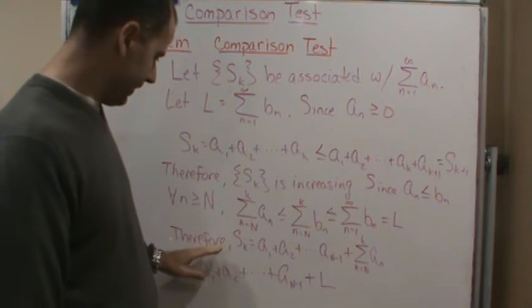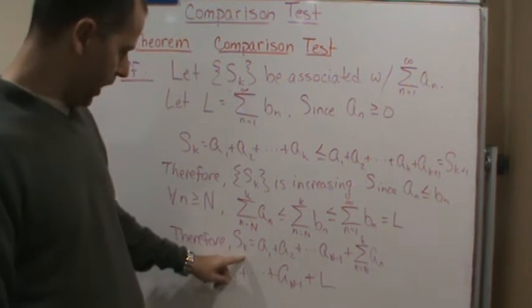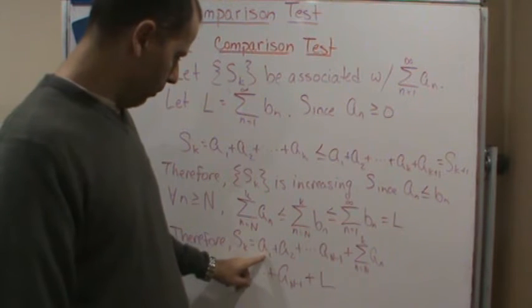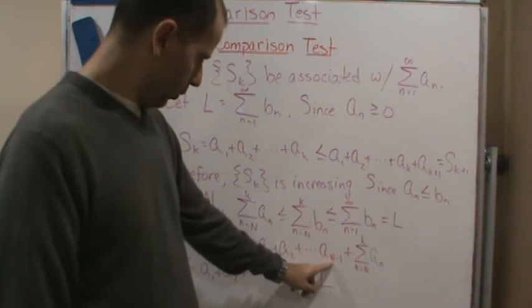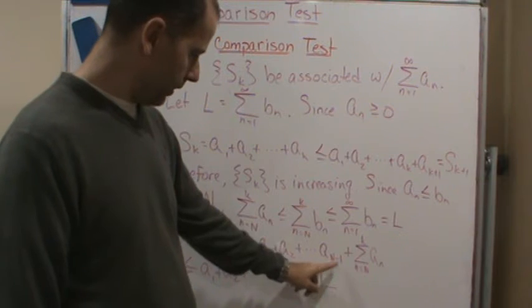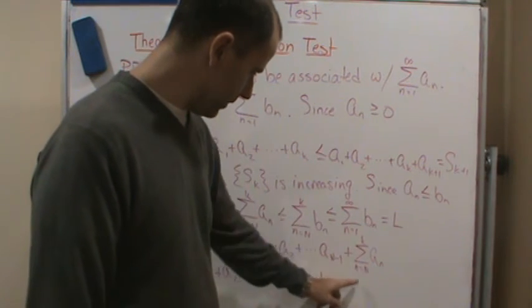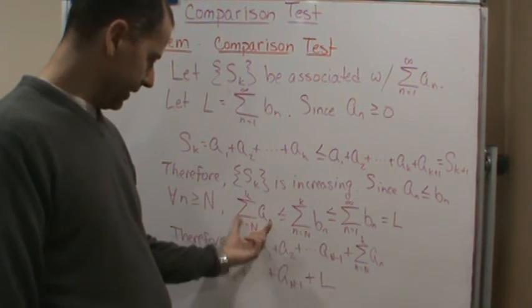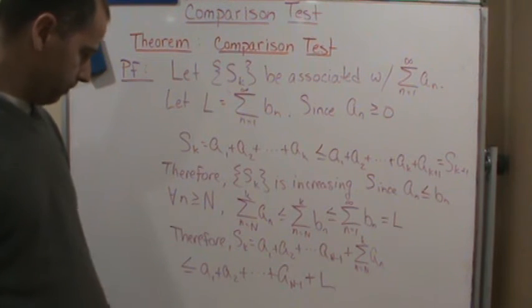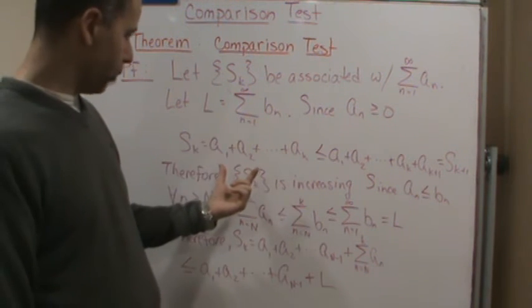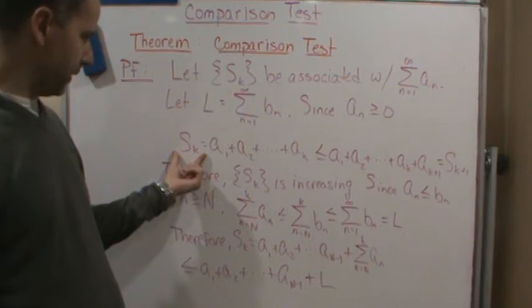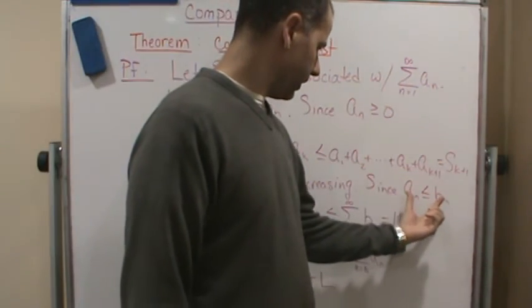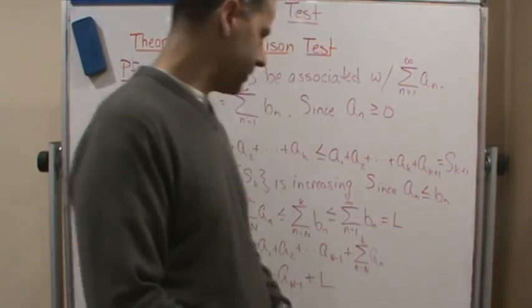Which means that therefore the partial sum from a1 through a sub capital N minus 1 plus the rest of the series, right, which is this, right? And now what I'm doing is I'm going back to this fact that S sub k is less than or equal to S sub k plus 1.